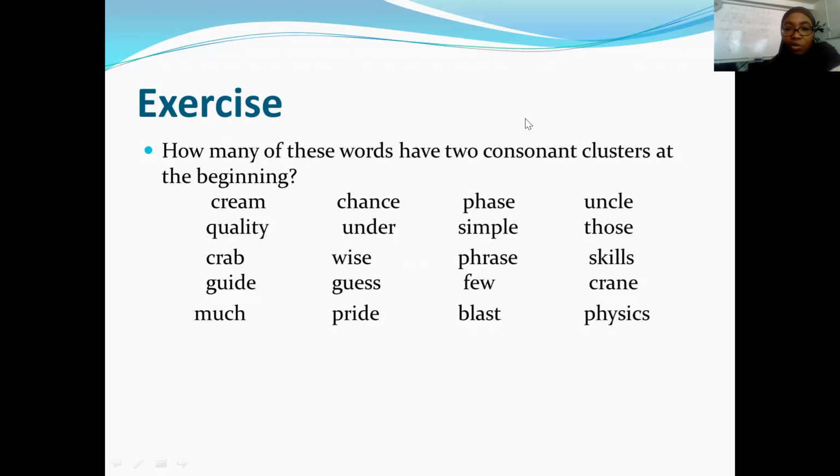How many of those words have two consonant clusters at the beginning, that is at the initial position? Okay, I'll help you out with the pronunciations. You have the word cream, quality, crab, guide, much, chance, under, wise, guess, pride.